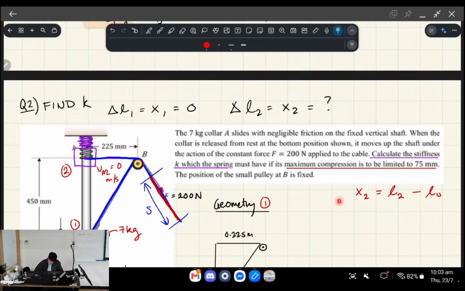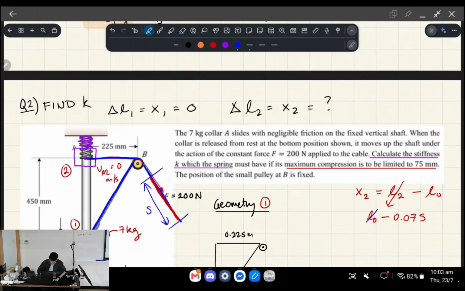There's a formula for it, right? L2 is its length. This is almost a more confusing way to say it, but L2 is equal to L naught minus the amount it's compressed, right?